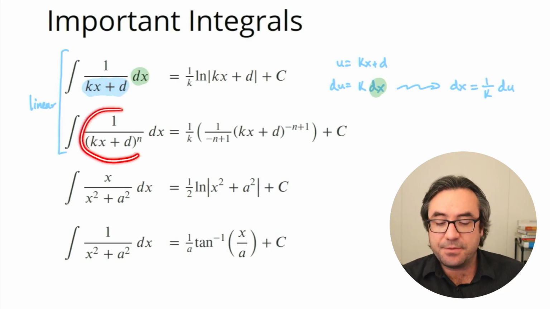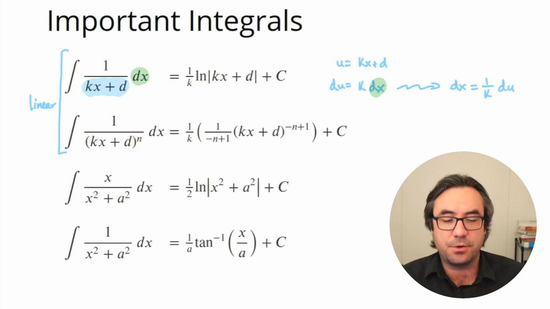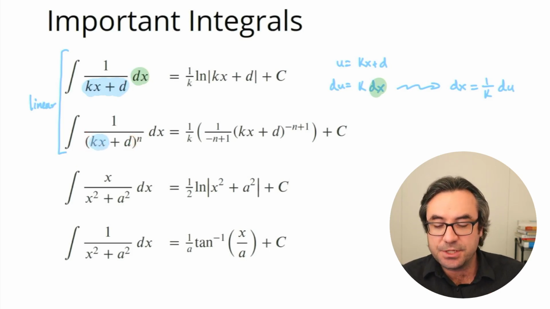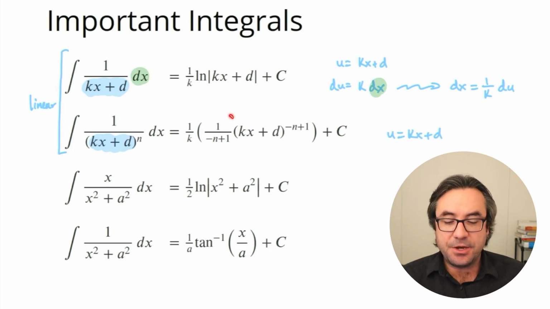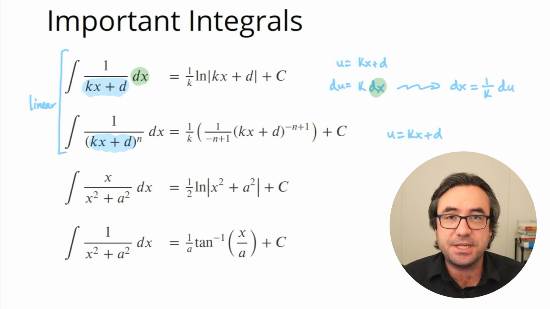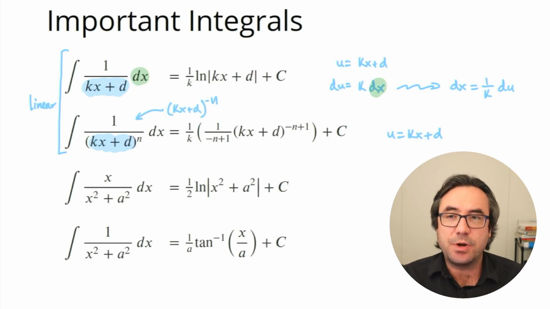Now we could do the same thing for the next one, where we have 1 over kx plus d, but now there's an exponent around this whole thing. It's still a u substitution, so you'd still let u equal kx plus d. And then you do your power rule. You could write this as kx plus d raised to the negative n, so you just make the exponent negative.